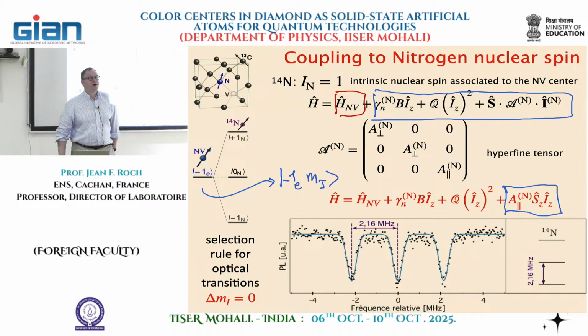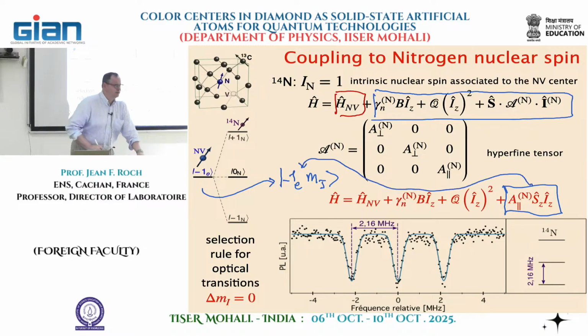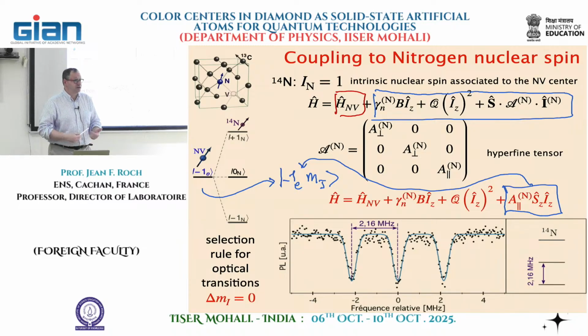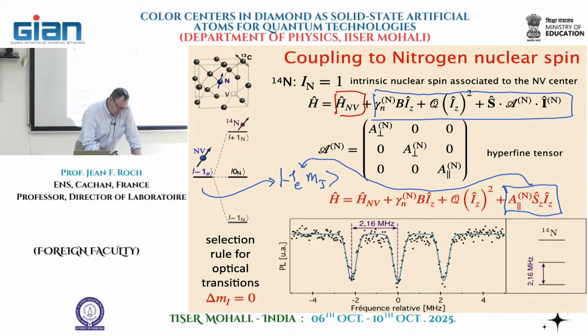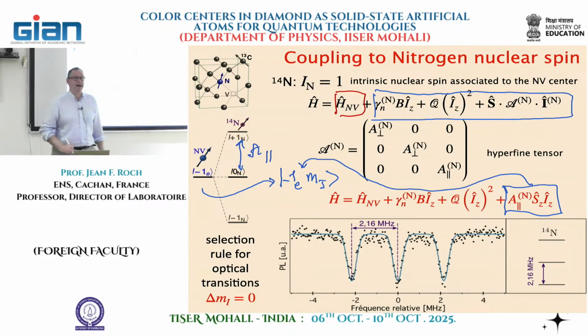When I take into account this term, it removes the degeneracy, which depends on the value of ms and of mi. So for instance, that level will now be split into three components separated by an energy difference, which is just A parallel, the hyperfine interaction.